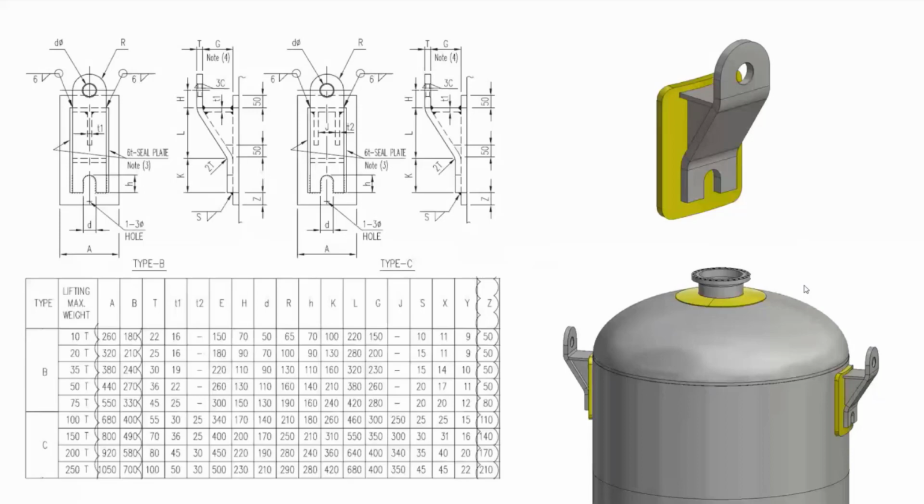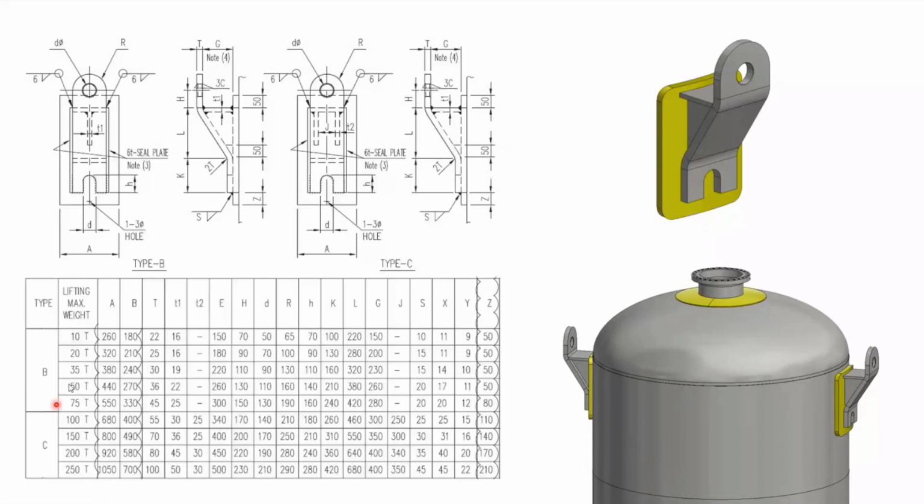This type of lifting lug, one of our customers asked us to include it in the SEG library. So now it's available, so any user can select it, and when he selects the lifting load for this lifting lug, automatically he will get the dimensions according to this standard spec.